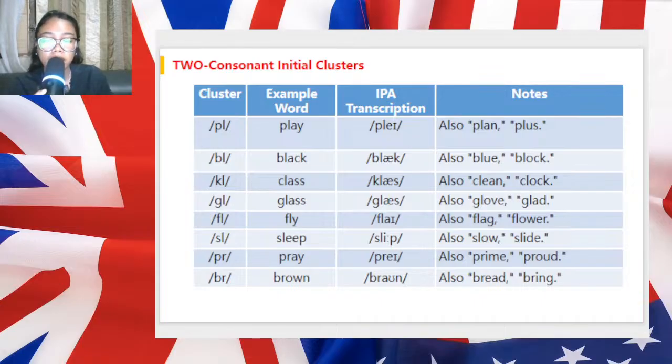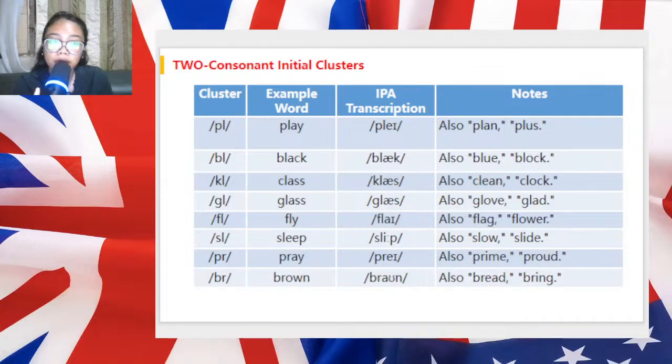Block. Again, block. This blend is present in many words such as black, blue, and block. Let's articulate black, blue, block together, ensuring that the b-l blend is clean and continuous. That's the second consonant cluster. So p-l, the first one, and b-l, the second one, are quite similar in a way.